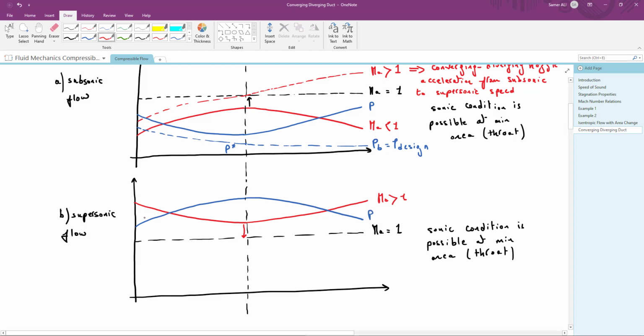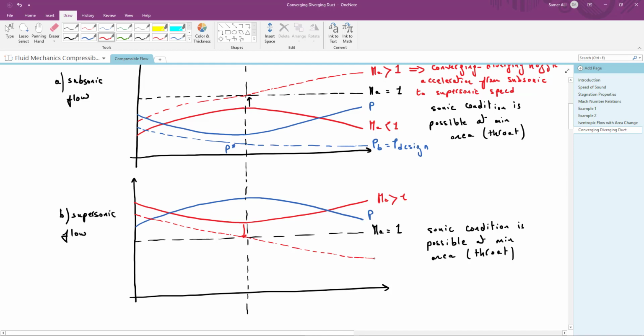Also, we will take the case, for example, starting at a lower velocity at the inlet, there will be a possibility, let's say the velocity is decreasing or the Mach number is decreasing until it reaches Mach 1 at the minimum area. So there is a possibility now to transition back to the subsonic regime, and the diverging section will act as a diffuser for subsonic flow.